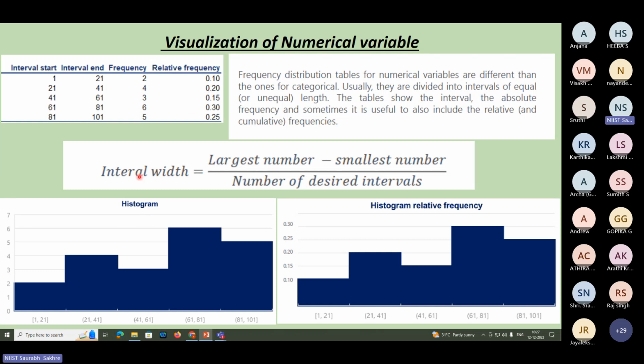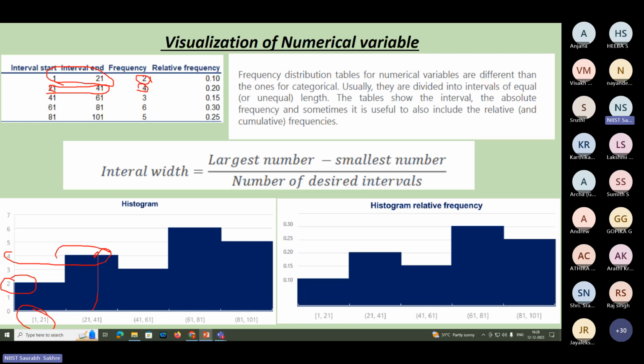So with this, what I can do is, here you can see, the first one was 1 to 21, in which I have observed 2. So you can see here 1 to 21 and it is ending at 2. That is the histogram. Then my second value is 21 to 41, in which I have observed 4. Here it is matching with 4.